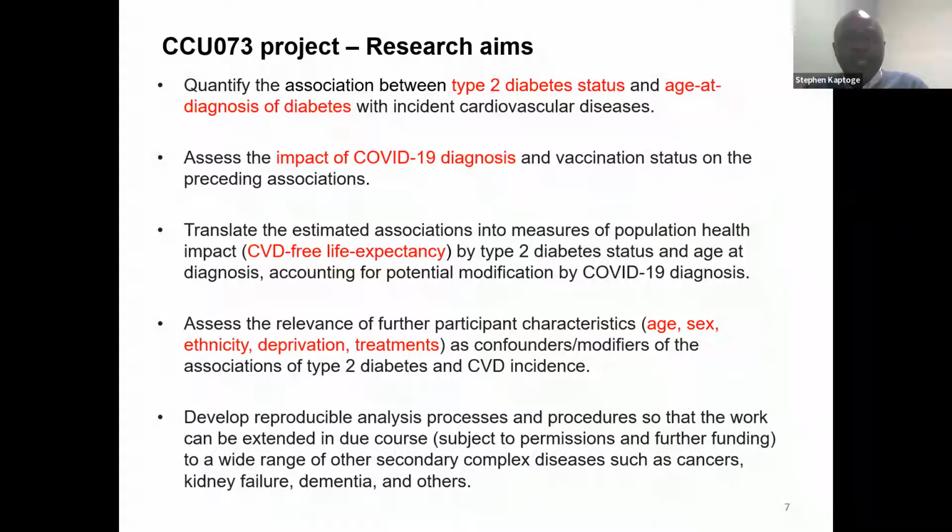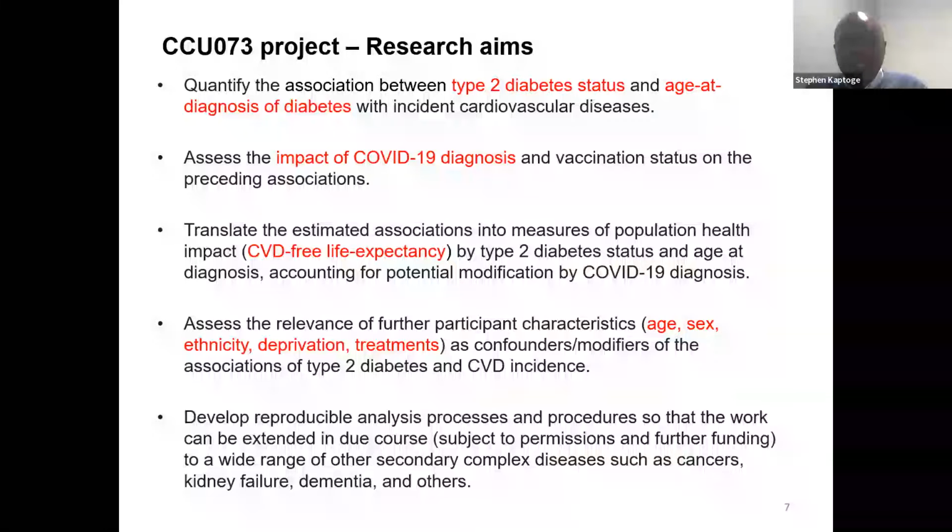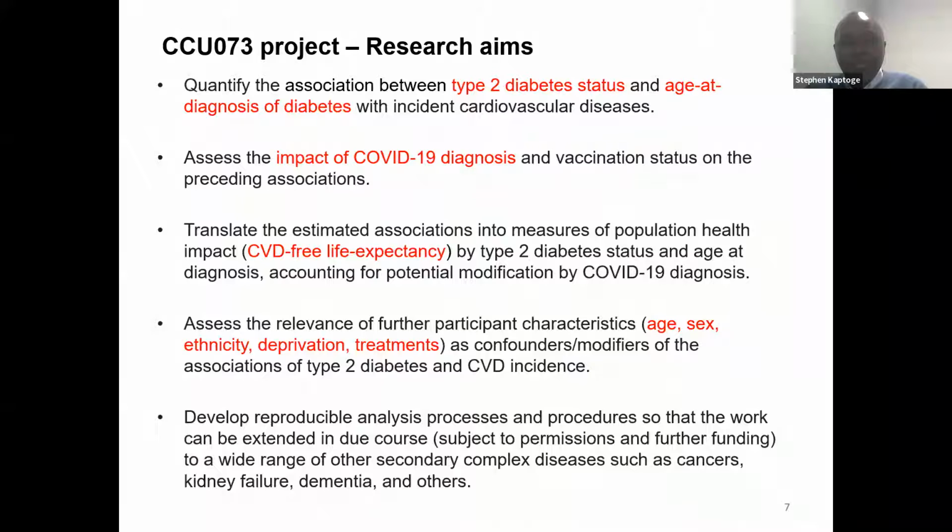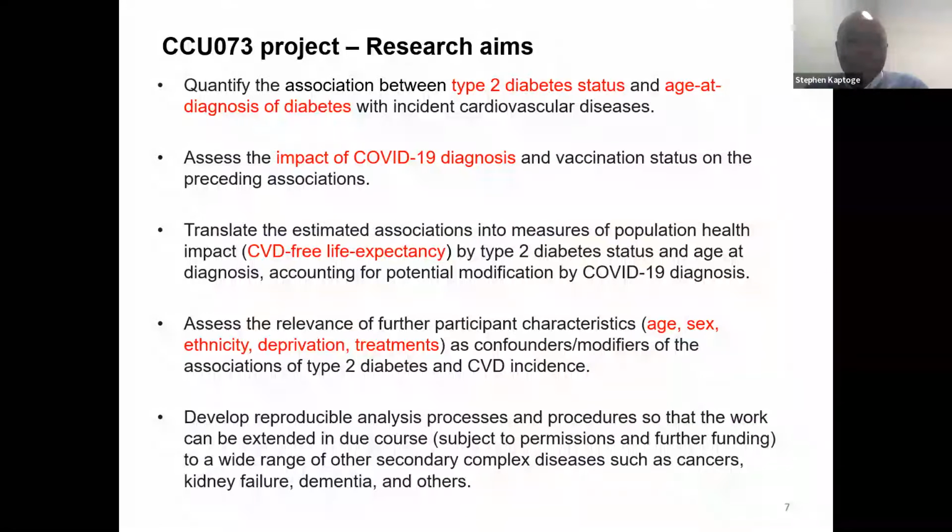So our specific aims in CCU 73 are to look at age of diagnosis, and particularly at interactions with COVID-19 diagnosis, taking into account vaccination status. And then instead of looking at mortality only, we will now be able to look at non-fatal events, and therefore calculate the CVD-free life expectancy, as well as maybe the overall life expectancy.